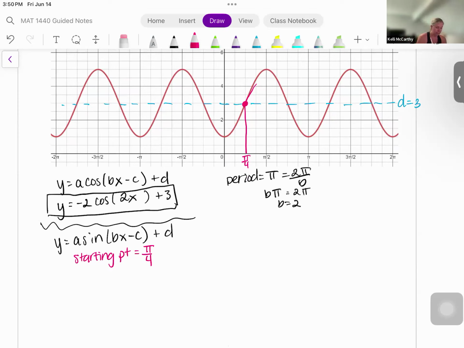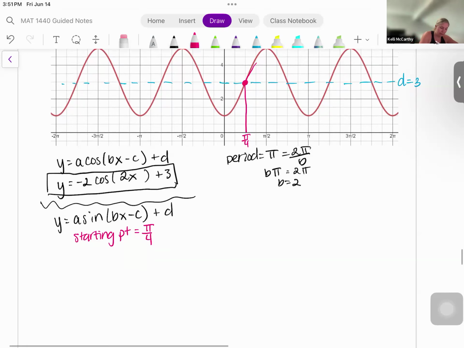What that tells me is that, sorry, working backwards. We used that argument set equal to 0 to find our starting point. So we set up bx minus c. Well, we know what b is. B is 2. Let me write this out. Bx minus c is equal to 0 to find that starting point. And this pi over 4 is that value of x for our starting point.